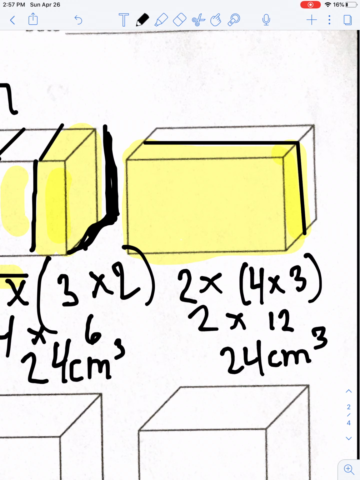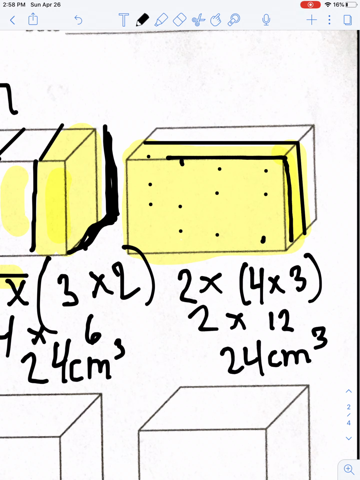So the only difference, you guys, is that instead of just telling you how many cubes are here, counting the cubes, 1, 2, 3, 4, 5, 6, 7, 8, 9, 10, 11, 12, like we did yesterday, we are multiplying the various sides. Okay? That's the only difference.